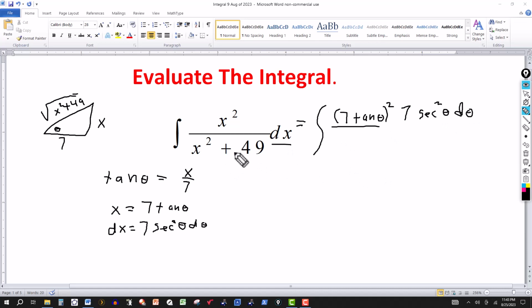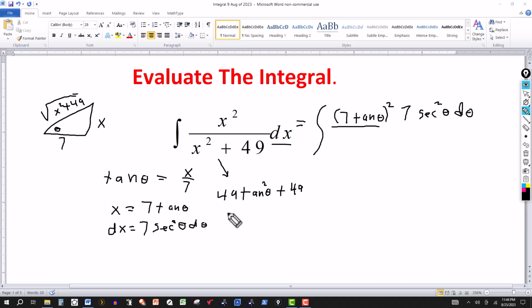Now I need a substitution for the x squared plus 49. So let me just go down here. x squared, but x is 7 tangent theta. If I square that, 7 tangent theta squared gives me 49 tangent squared theta. And then this is plus 49.